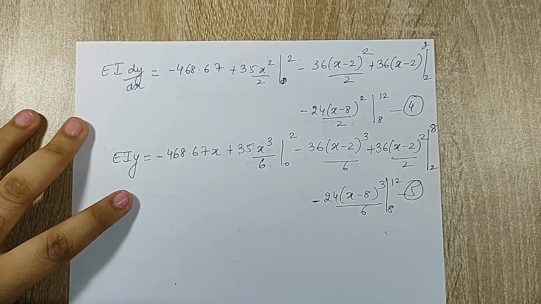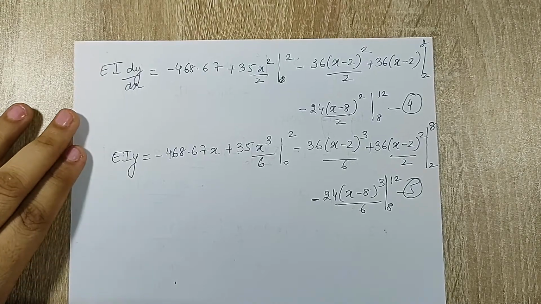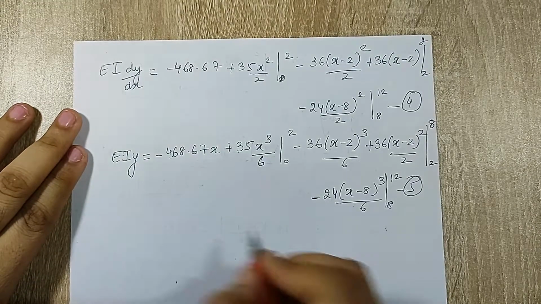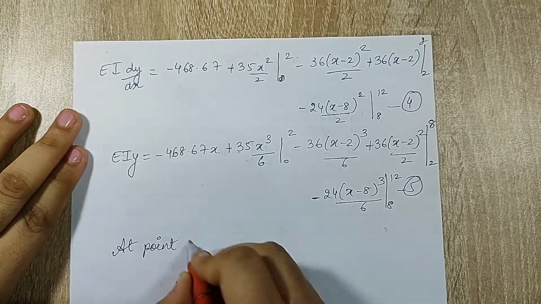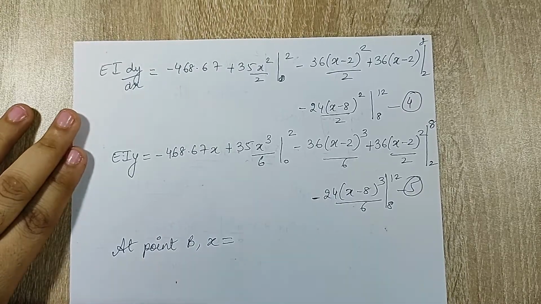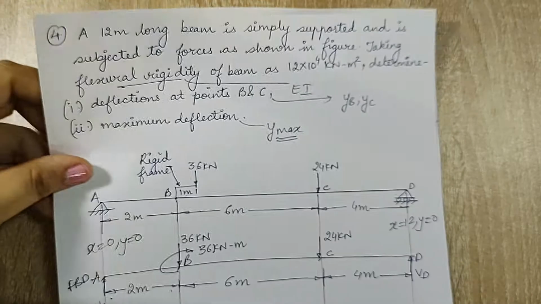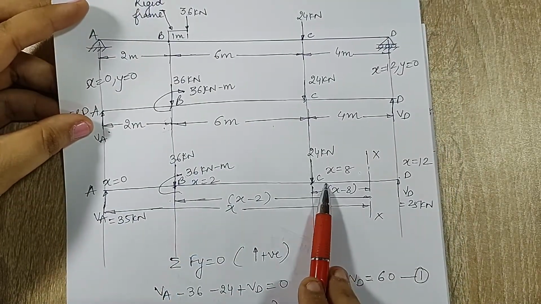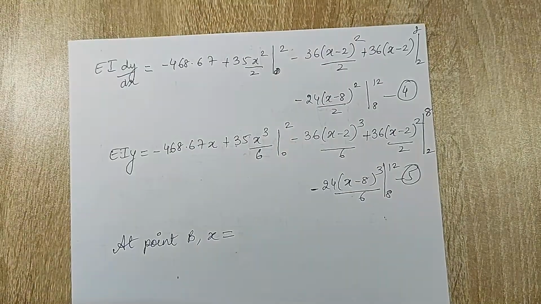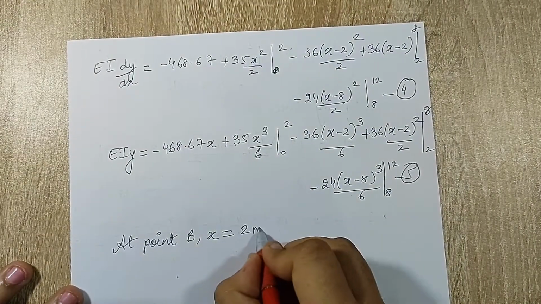Now I have to calculate YB and YC. So I'm going to write down at point B the value of X is, let's see here, the value of X at point B is 2 and at C it is 8 meters. So I'll write down it is 2 meter.